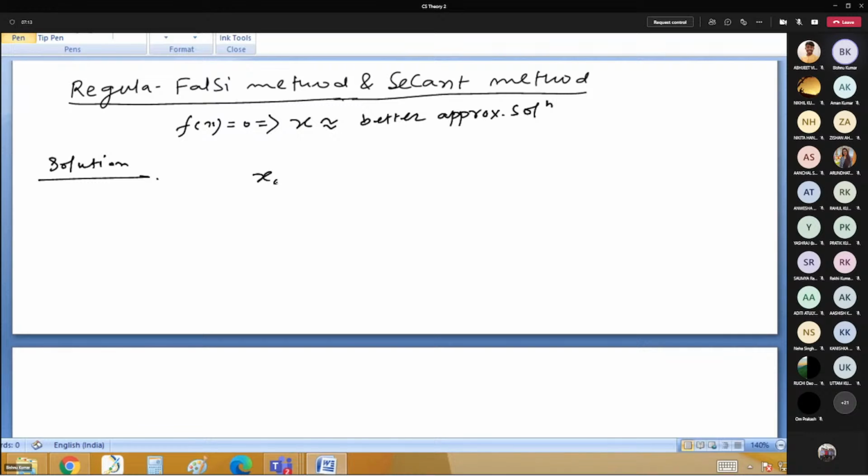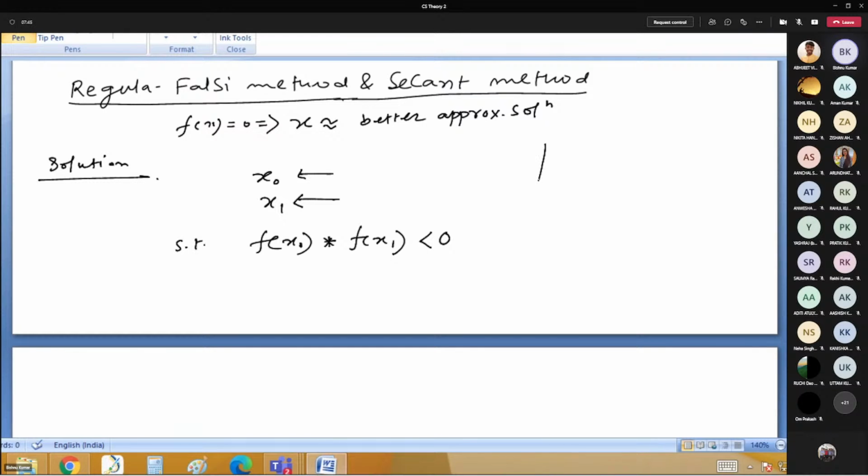Suppose x0 one point and x1 another point, such that in these 2 points your graph is cutting the x-axis. Means if I check the functional values in these 2 points, their signs will be opposite, means product less than 0. Okay, up to that much work you are able to do.